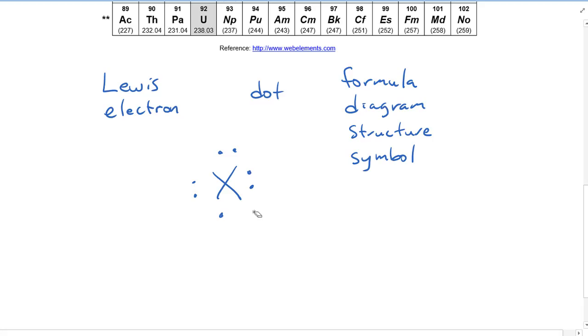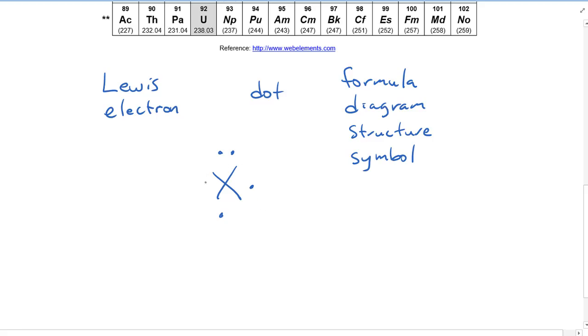So for example, 5 dots could look like this, or like this, or like this. It could basically be any position as long as we're putting one dot on each side before we double up. If we're putting 5 dots on it, we would not do it like this because we're missing something from the left-hand side. So this would be one that wouldn't work.